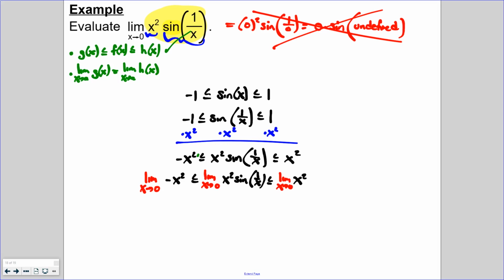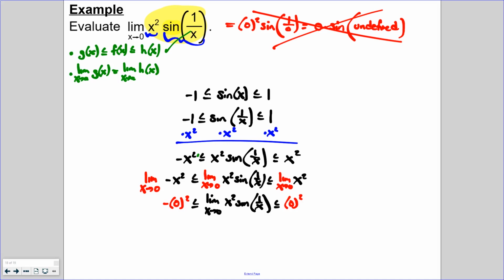All right, from here I'm going to evaluate the limit all the way on the left, and I'm going to evaluate the limit all the way on the right. And for these, they're polynomials, so we can just use direct substitution. So the limit as x approaches 0 of negative x squared is going to be negative 0 squared, and that'll be less than or equal to the limit as x approaches 0 of x squared sine of 1 over x is less than or equal to, and then again x squared is a polynomial, so I can do direct substitution, so that becomes 0 squared.